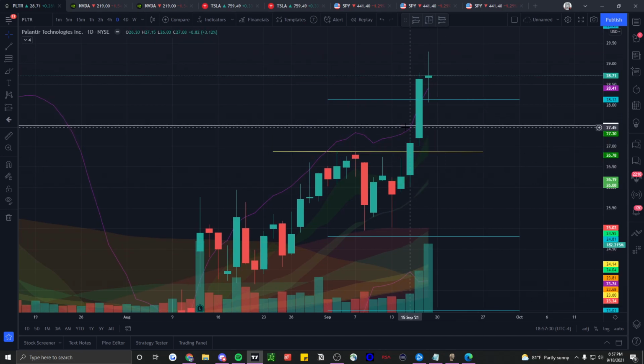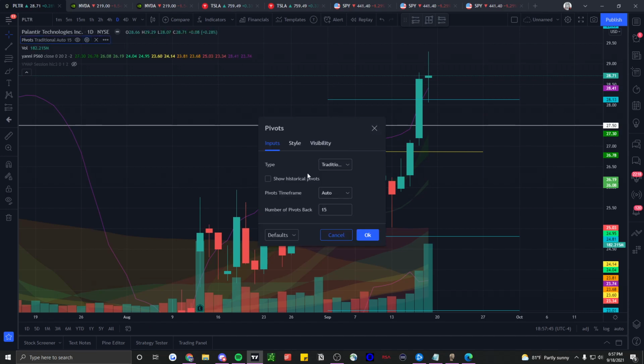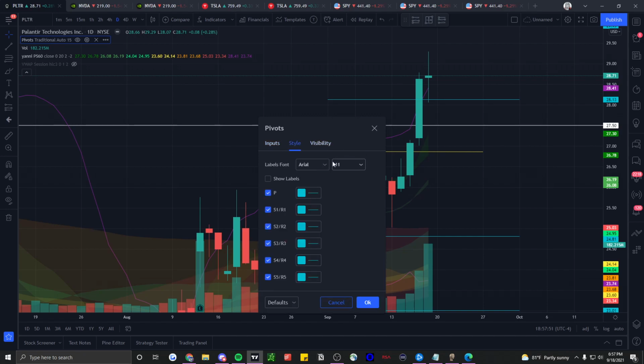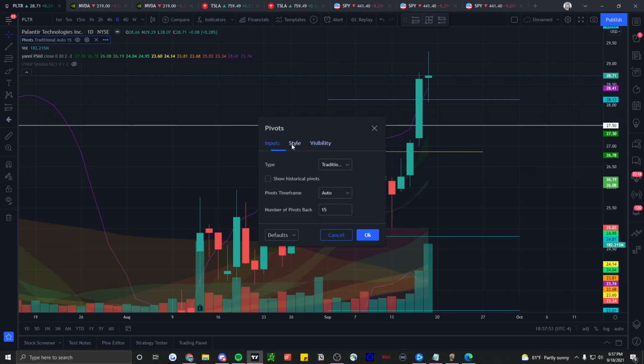One being into that 2750, second one being into the daily Bollinger Band, and my third target usually is a standard pivot point, which is just default on TradingView, by the way. It's just traditional standard pivot points, and here are my settings for it.